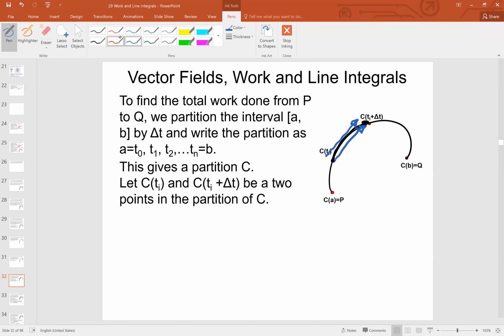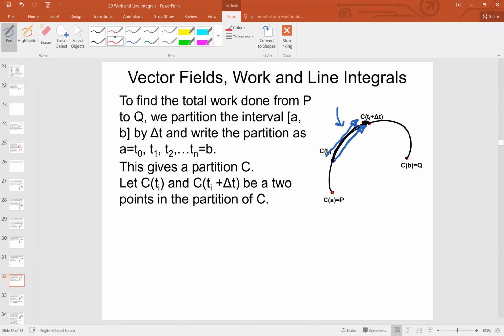It's a derivative, so we can use that as the displacement vector, how much the object is displaced, as a straight line.